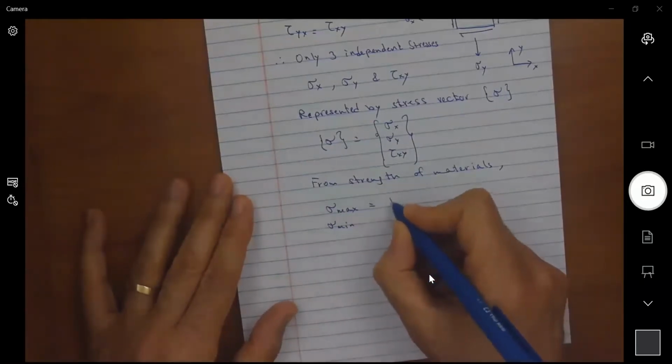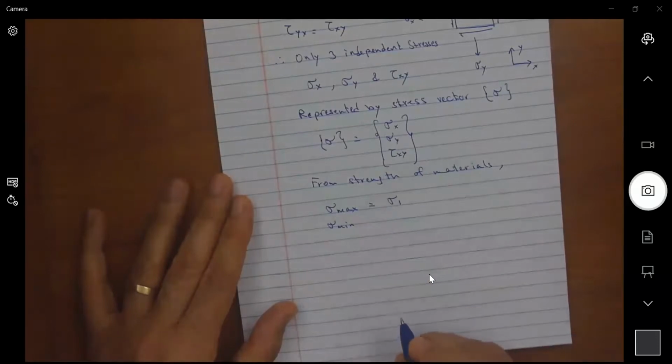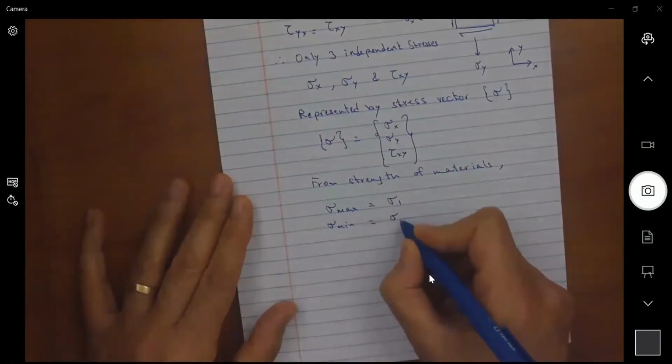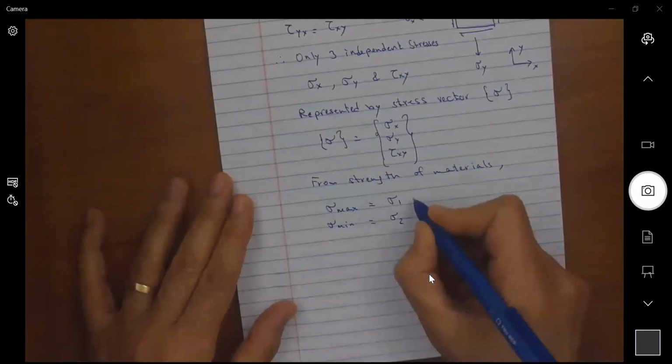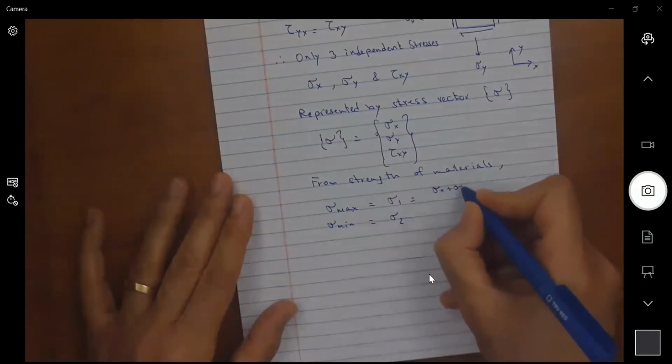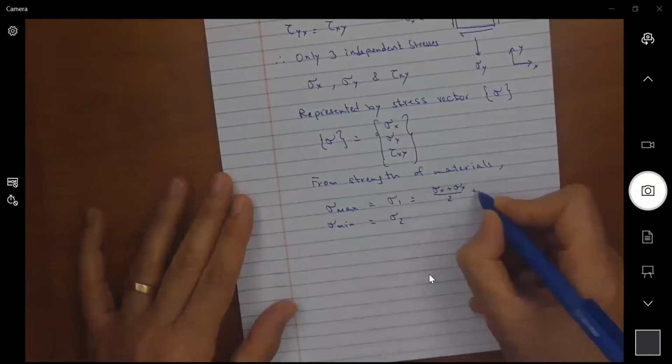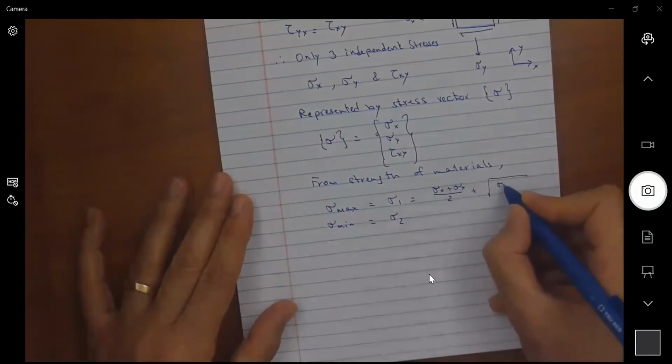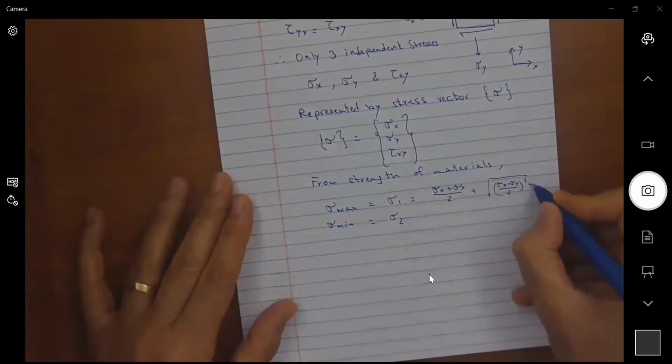We call that sigma max the major principal stress, and that minimum the minor principal stress, where sigma 1 was equal to sigma X plus sigma Y over 2 plus the square root of sigma X minus sigma Y over 2 squared plus tau XY squared.